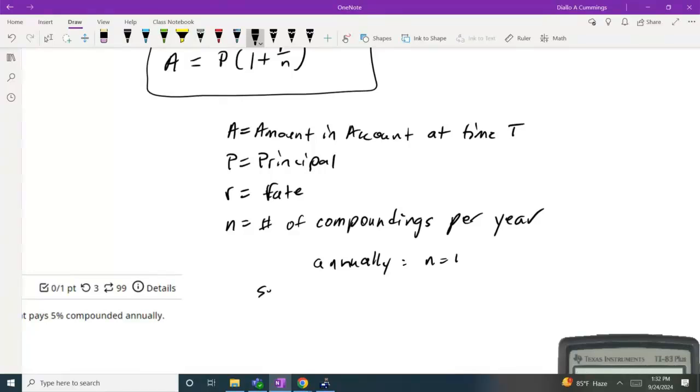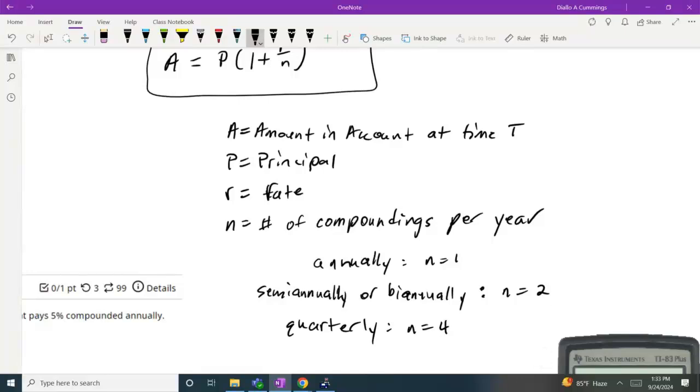If it's semi-annually or biannually, n is going to equal 2. If it's quarterly, n is equal to 4.